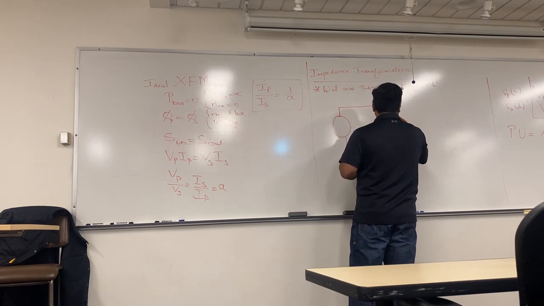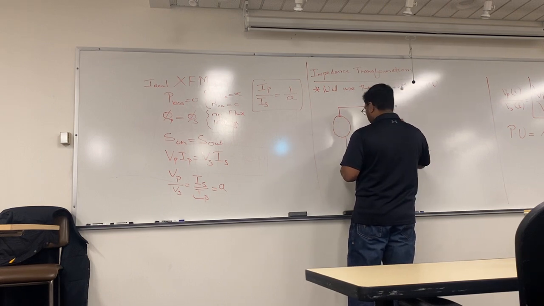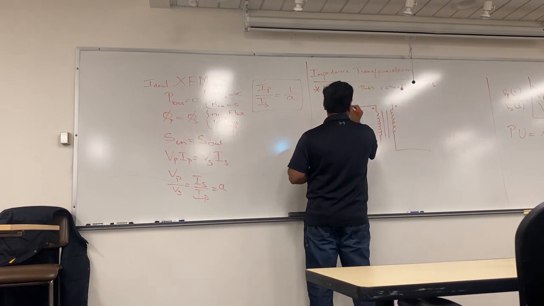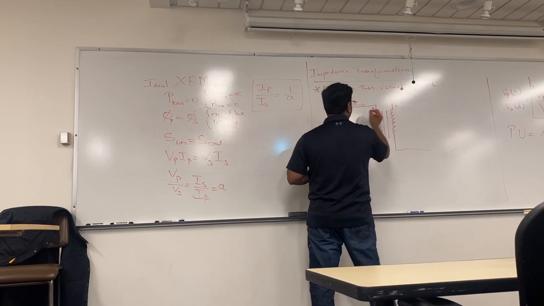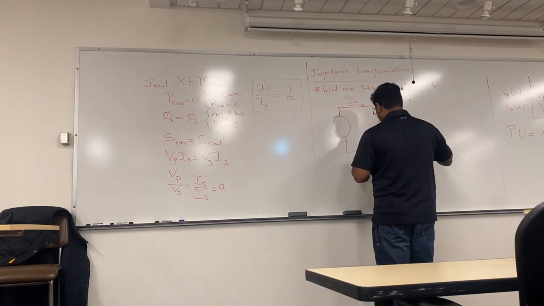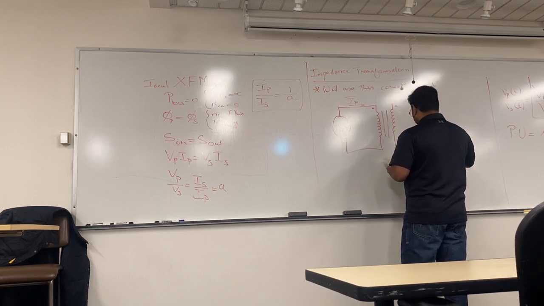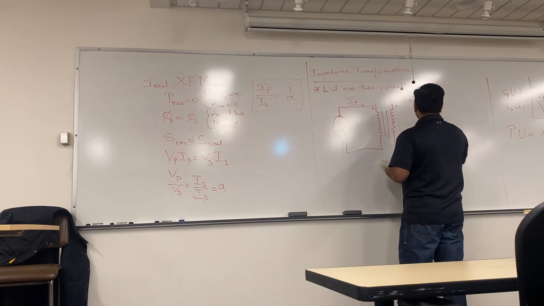And here's my secondary winding. Here's my current on the primary, here's my current on the secondary. After the transformer, I have a load which needs a stepped up or a step down voltage, and I'll have my VS here.